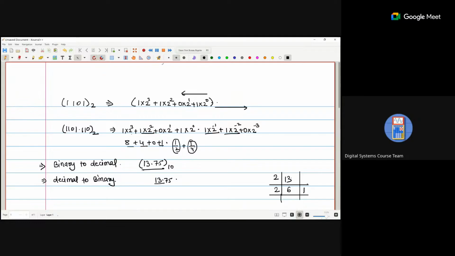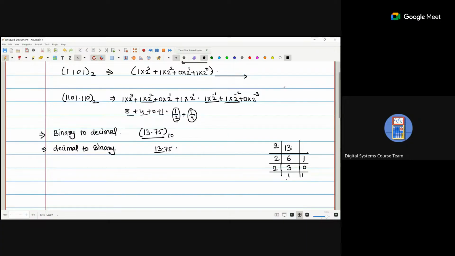Again divide by 2, we get 3, remainder is 0. Again divide by 2, we get 1, and remainder is 1. The remaining number 1 is less than 2, so we can't divide 1 by 2. So the representation is from bottom to top. So 13 is 1101.